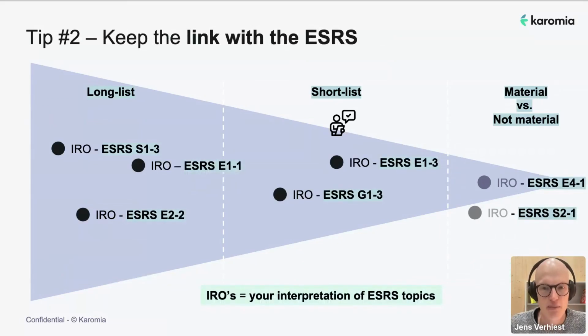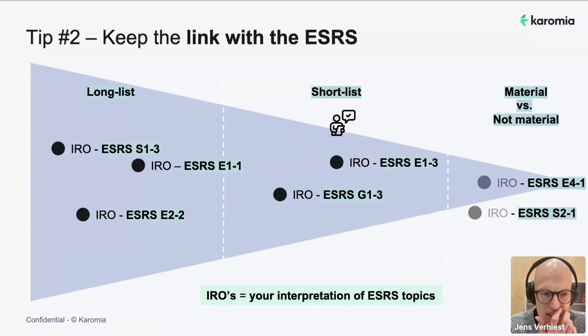What is very, very important, and this is a tip that I can give because not everyone is doing this, but it's something I would highly recommend for you to do as well, is that when you are feeding IROs into this funnel, make sure that you link from the start every IRO with the ESRS topics. And it may seem a bit absurd, you don't really see the value of it, but I would truly recommend to do this.